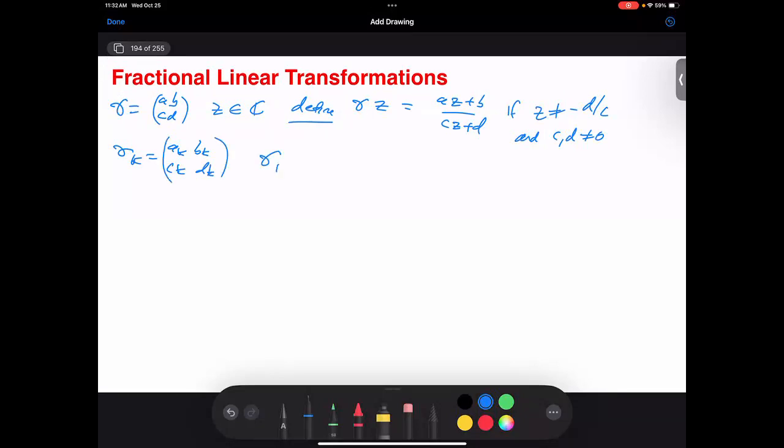So I can calculate the matrix gamma 1, gamma 2, acting on z. I can calculate gamma 1 on gamma 2 of z, right? I could calculate gamma 2, gamma 1 of z, and I could calculate gamma 1, gamma 2 acting on z. I can compute all of these things.